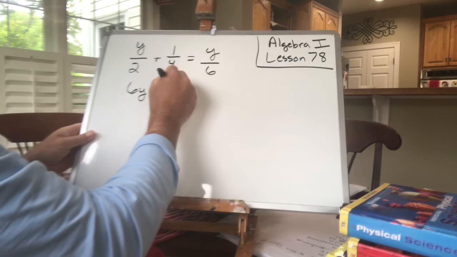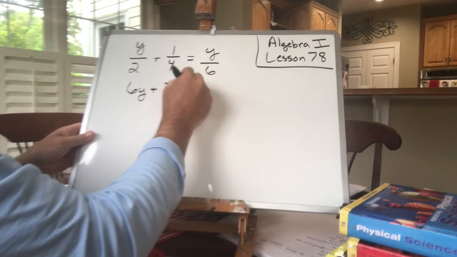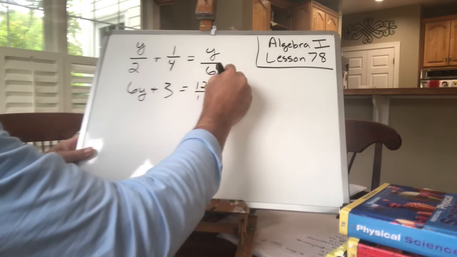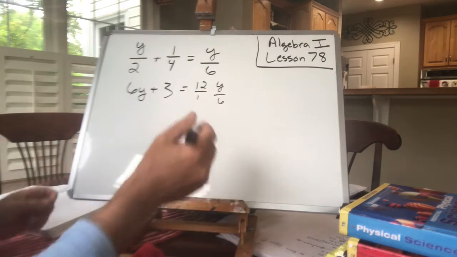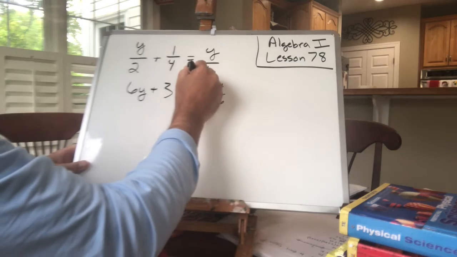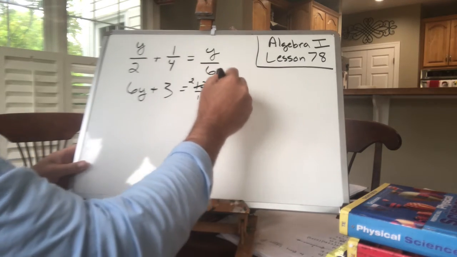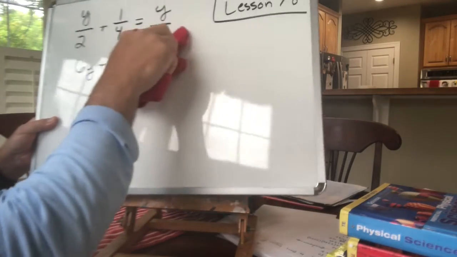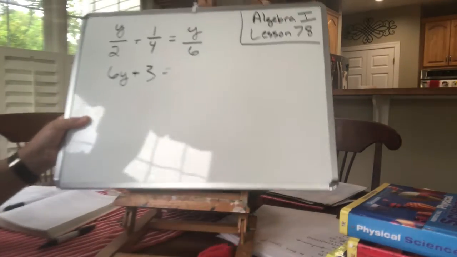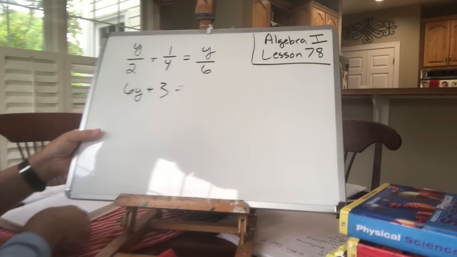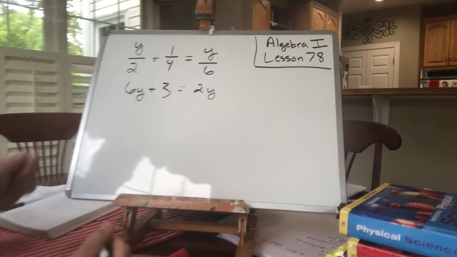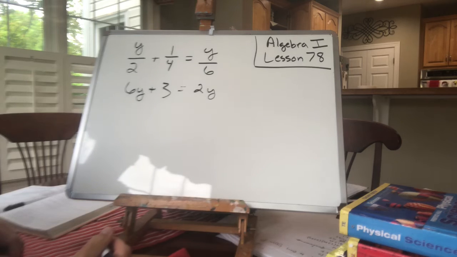So now we have 6y plus 3 equals, and I'm going to multiply 12 over 1 times y over 6. We can cross reduce that to 2 and 1. We're going to be left with 2y. You can follow along in the book as well because I'm doing example 1. I'm left with 2y.